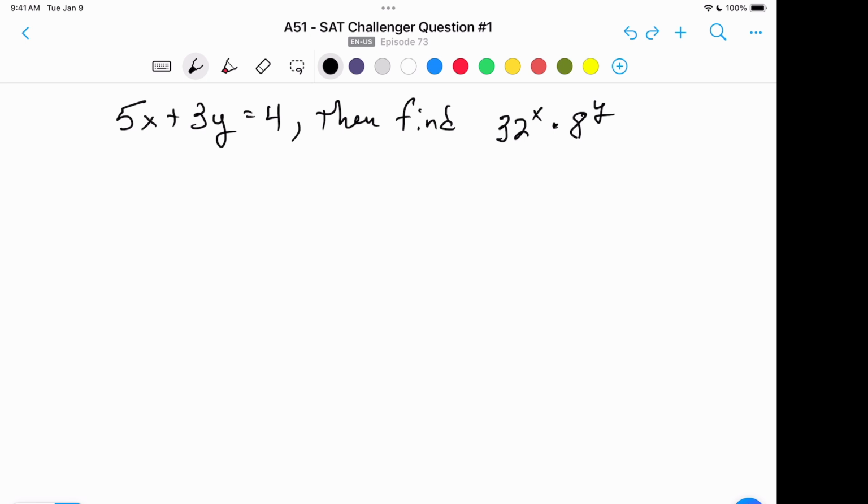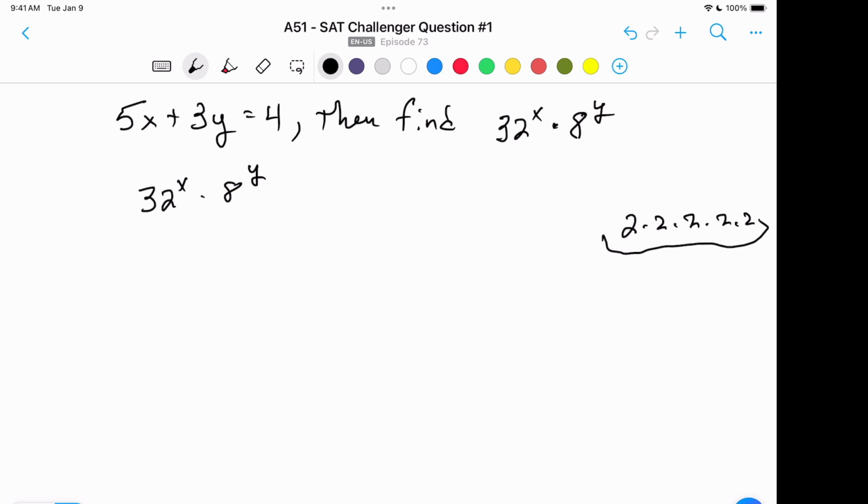We'll put 32 to the x power times 8 to the y power. Now, if we break this down, 32 is 2 times 2 times 2 times 2 times 2. That right there is going to be 32.